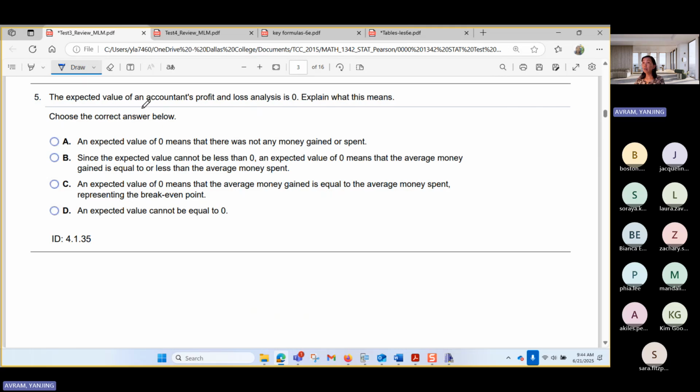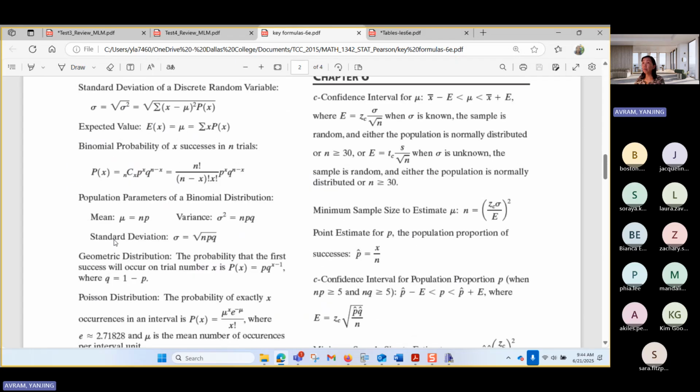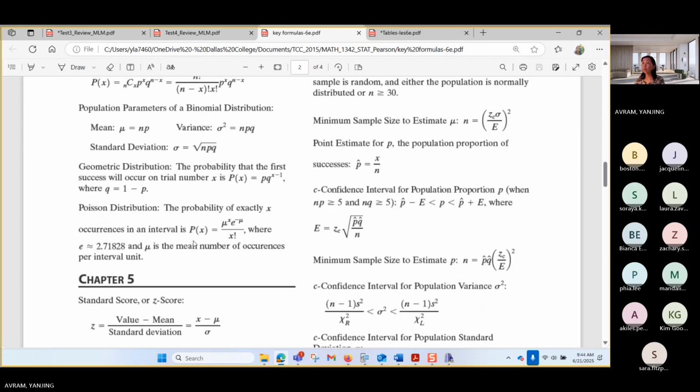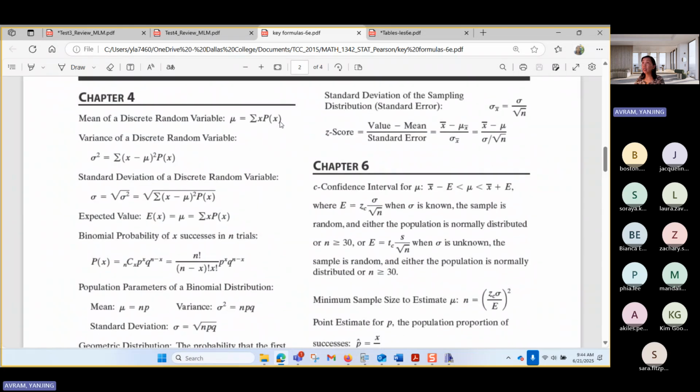Okay, the expected value. So what is the expected value? The expected value is the same as the mean. If you look at this key formula here, E of X is equal to mu.